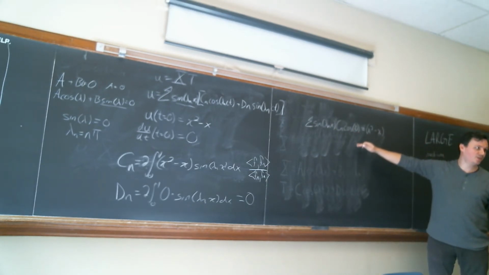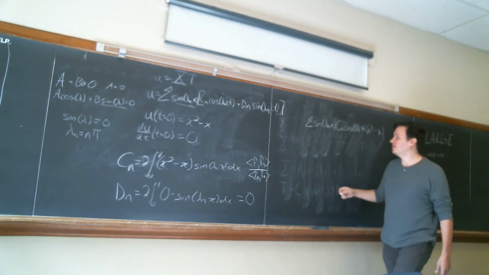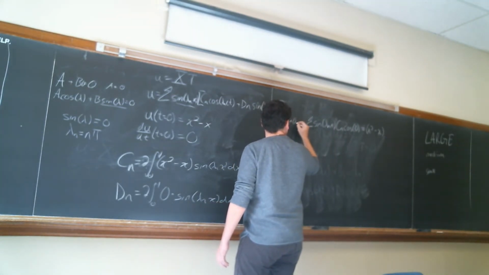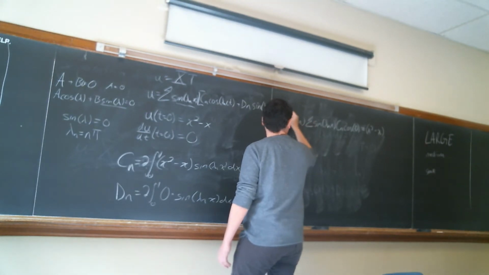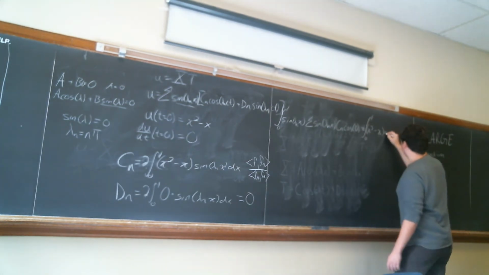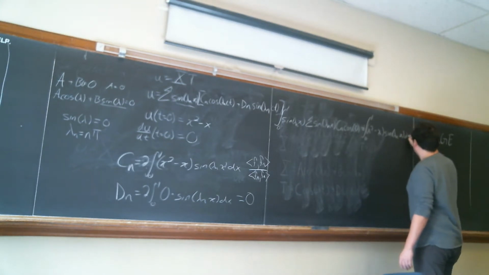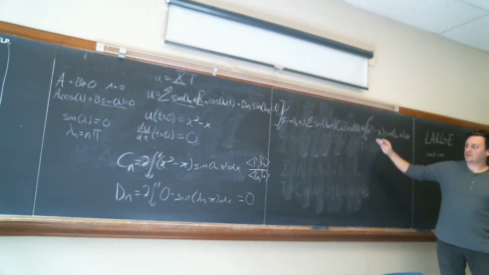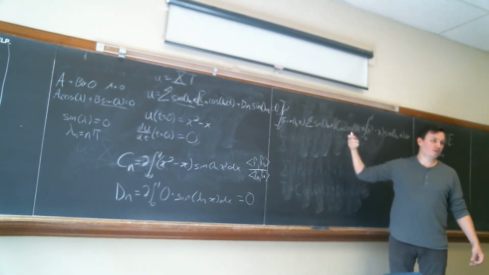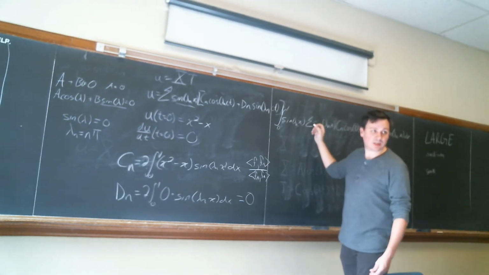Now we're going to multiply both sides of this equation. This is just our initial condition. We're going to multiply both sides by another eigenvector, so let's multiply it by sine of lambda k x, and we'll integrate over our domain. Now if we realize that these are only going to give us a value when they're non-orthogonal, that means it only has a value when n equals k.